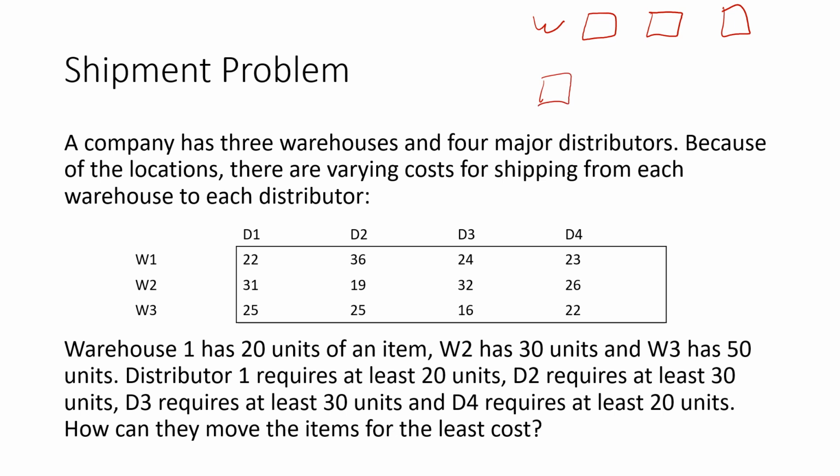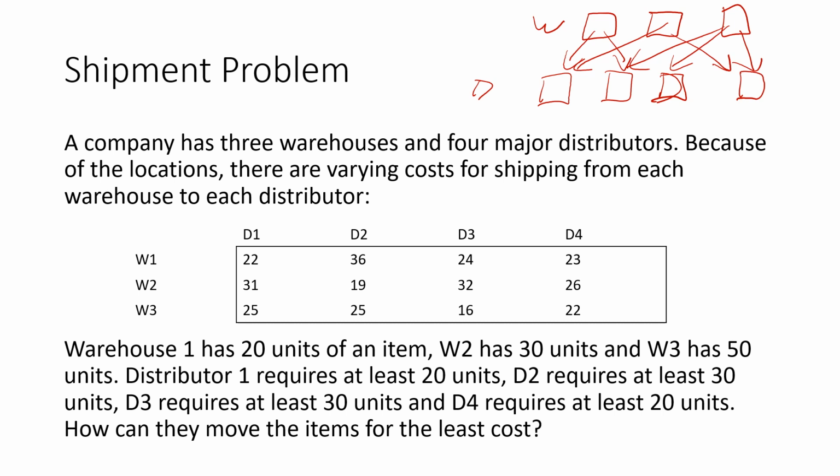They have 4 distributors, and they need to get product from warehouses to distributors, but there's all kinds of choices in what they can ship where. They could go from the 3rd warehouse to the 4th distributor, or from the 3rd warehouse to the first distributor, or a mixture, or send stuff to all 4 of them. The question is, how can they do this for the least cost, keeping in mind some constraints?